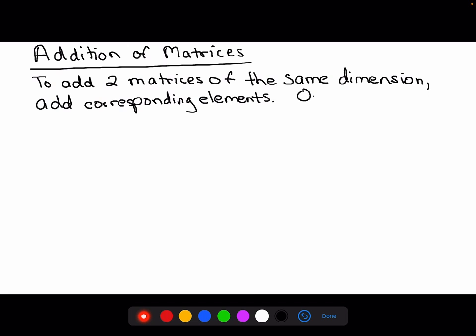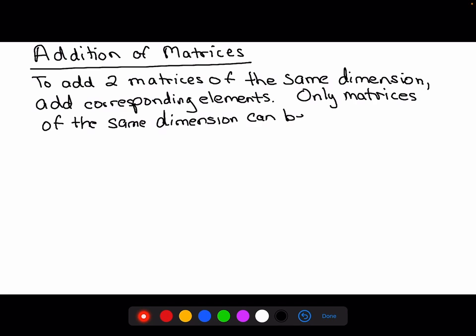Only matrices of the same dimension can be added. So in other words, they have to have the same number of rows and same number of columns.